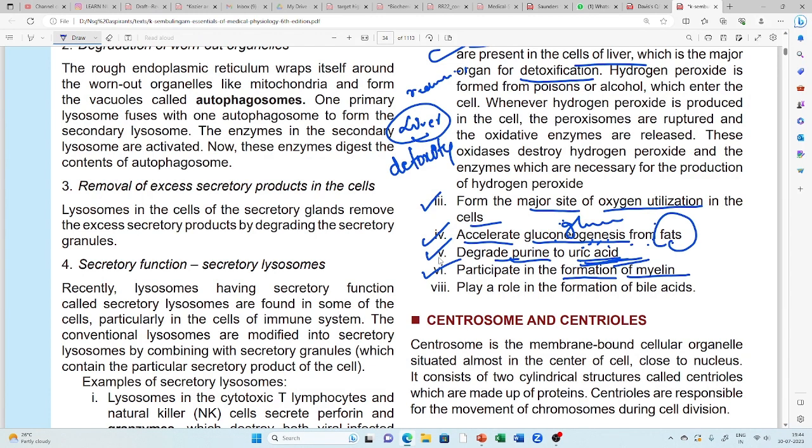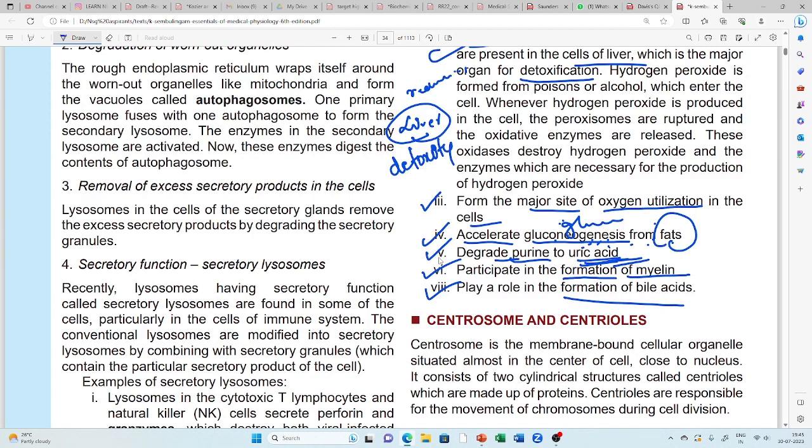You know that the outside of the neuron is covered with the myelin sheath. Peroxisome also takes part in the formation of myelin. Then the next one is formation of bile salt. Peroxisome also participates in the formation of bile salt.